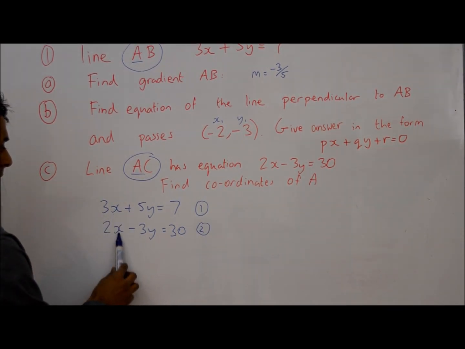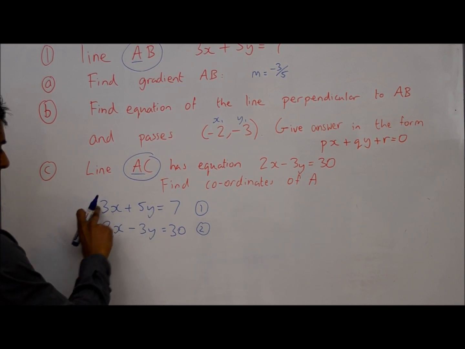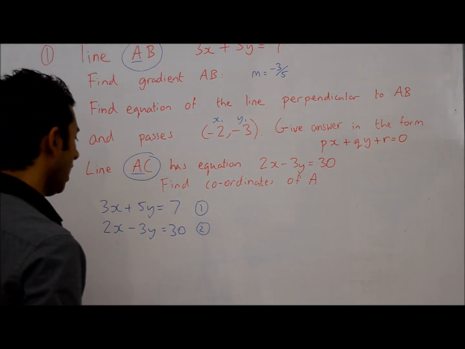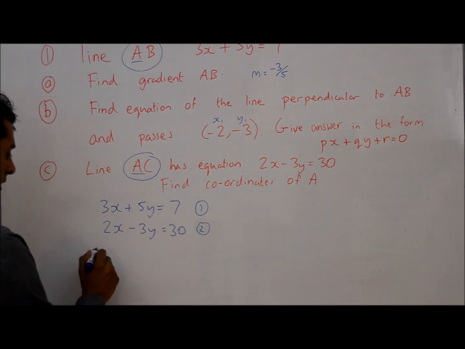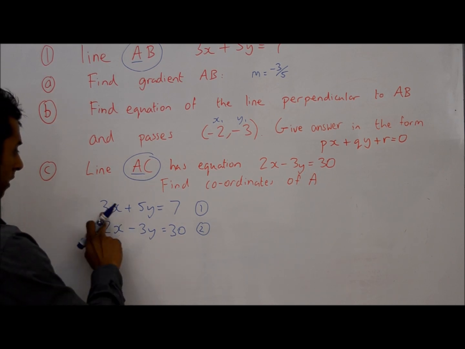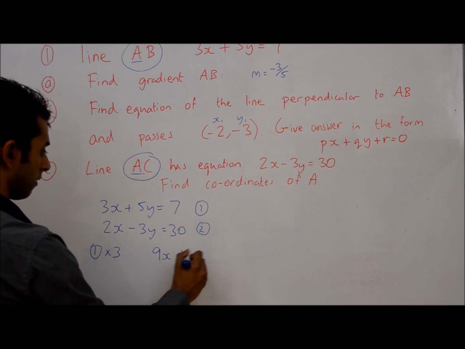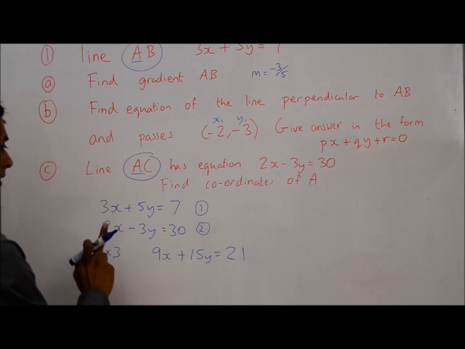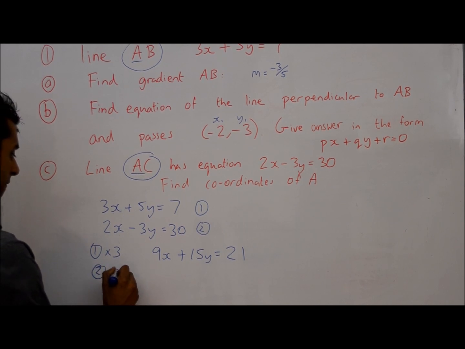Now we don't have the same number of x's and we don't have the same number of y's. So we can either make the x's into both 6x, or we can make the y's into both 15y. I'm going to go with, let's make the y's into 15y here. So in order to do that, we need to times equation number 1 by 3, which will give us 9x plus 15y equals 21. And we need to multiply equation number 2 by 5.